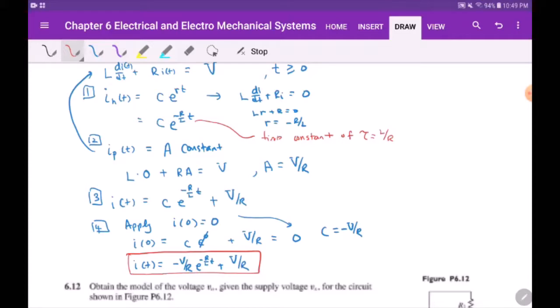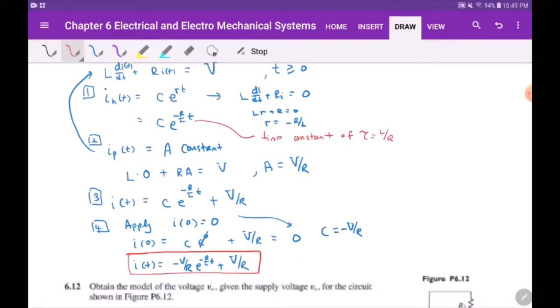What is e to the negative 1? It's 37%. That's how long it takes for only the homogeneous solution to decay to 37%. We'll lose 63% of the initial value.